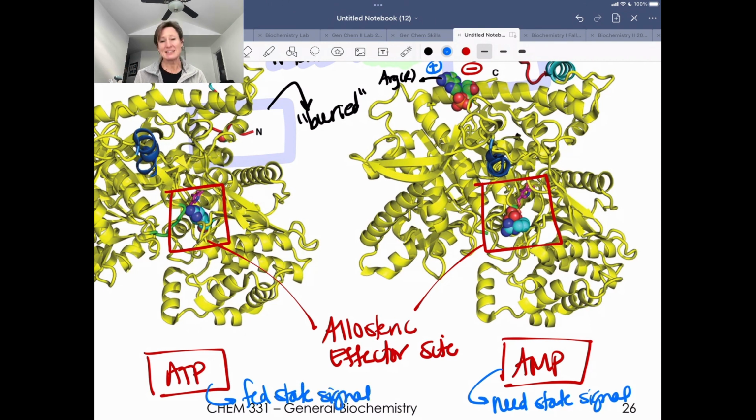So again, makes sense that a fed state signal would bind to and lock in the T state for an enzyme that's responsible for breaking down glycogen to make free glucose. We don't need that when we are in a fed state. So all of this should map and make sense in what we call a logic check, okay?